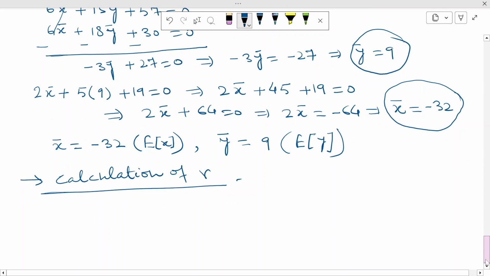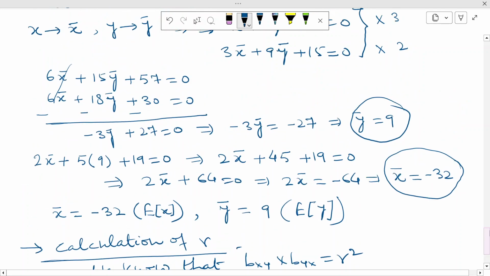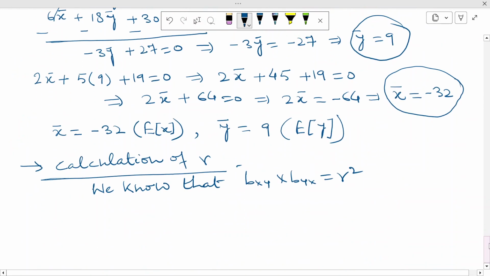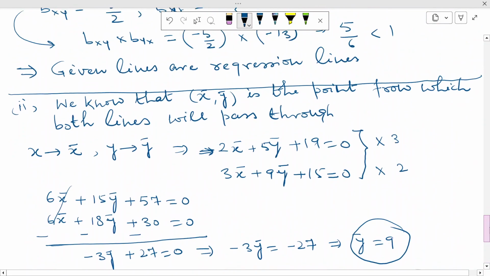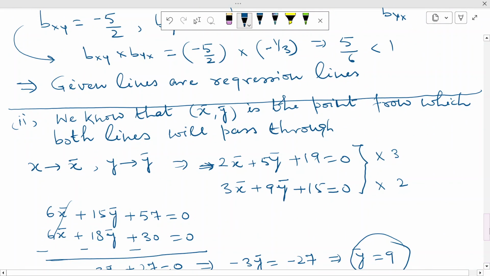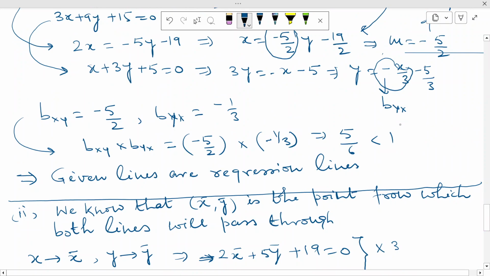So we know that bxy multiplied by byx will always give us the value of r square. Here we have already obtained the regression coefficients, so you can use them. This is our byx, and this is our bxy.